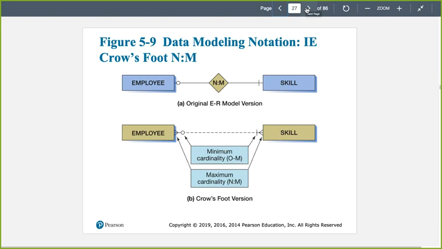I was trying to look for your question by asking me. This is actually one of the points I'm going to get to in today's lecture as well. If you look at this particular slide, these are almost the same relationship, right? One is employee skill, the other is also employee skill.